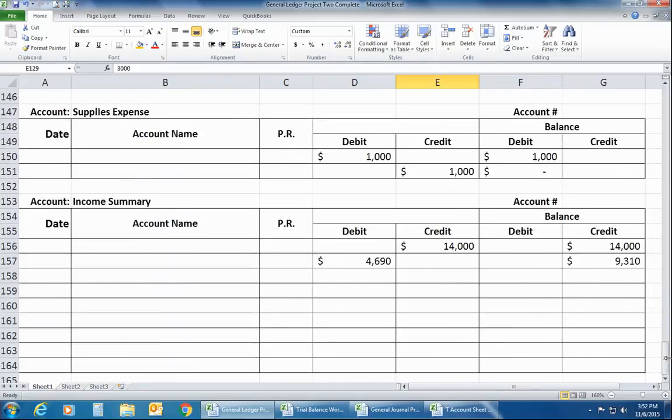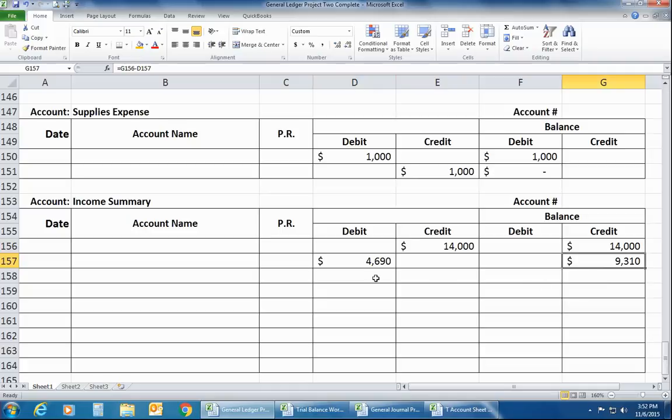And as we look at the ledger for our income summary account, we're going to see that we had a $14,000 credit entry, and that gave us a $14,000 credit balance. We had a $4,690 debit entry, which gave us a $9,310 credit balance.